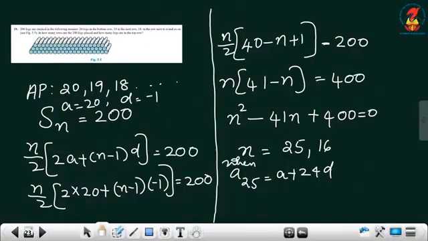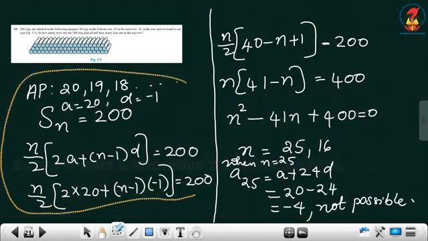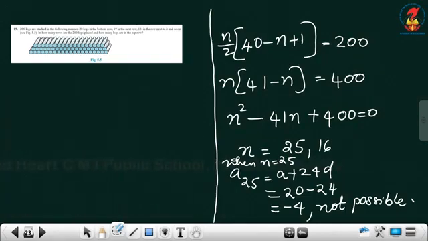That means when n is equal to 25, it is equal to 20 − 24 = −4. It is not possible because it cannot be negative.